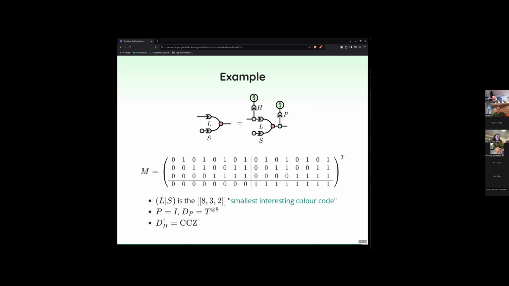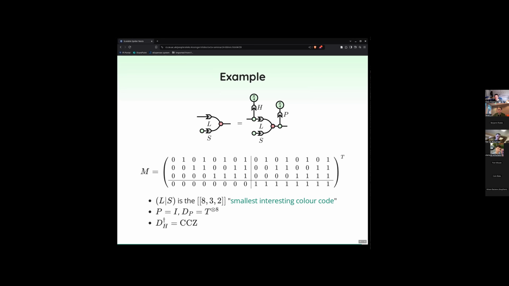So what this is saying is that if I do these gadgets described by the H matrix before my encoder, and I do the gadgets described by the P matrix after my encoder, then that's the same as doing nothing. So imagine now taking these H gadgets over to the other side as the adjoint.